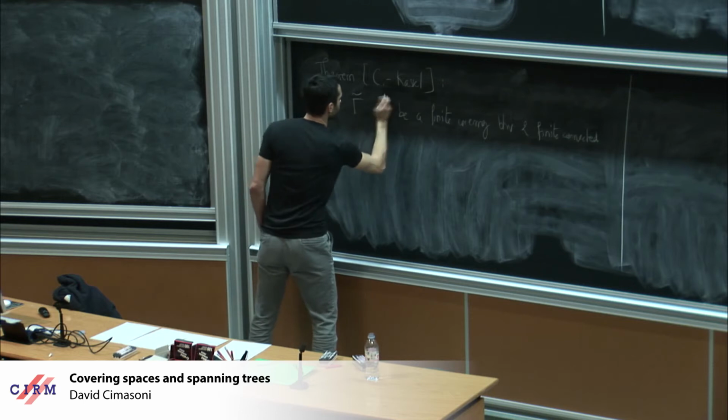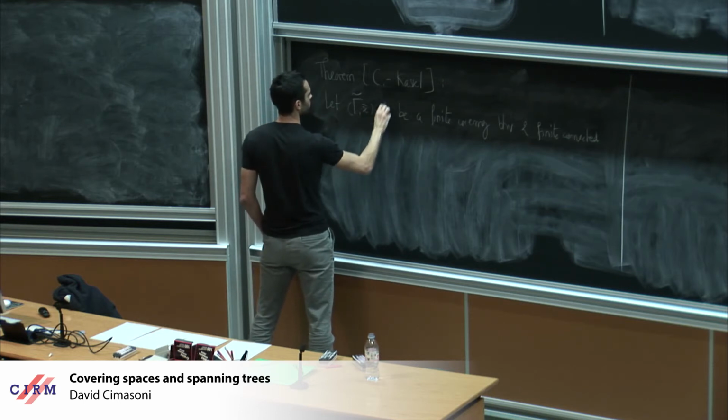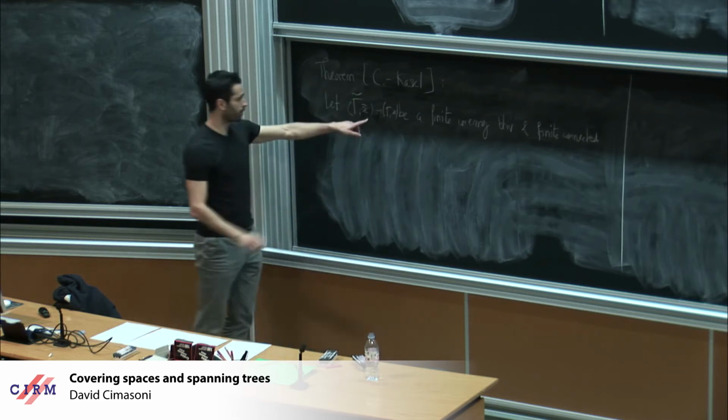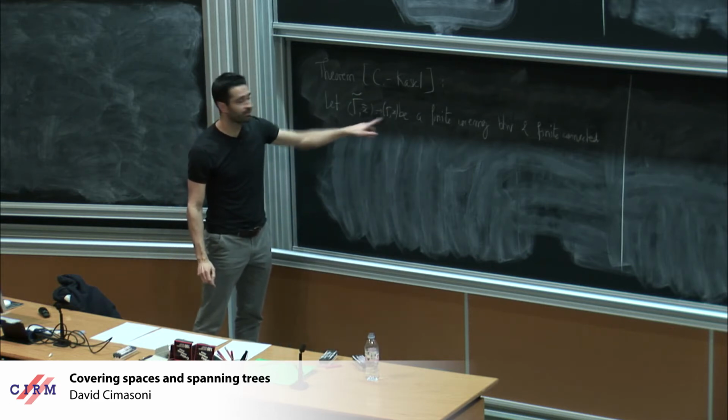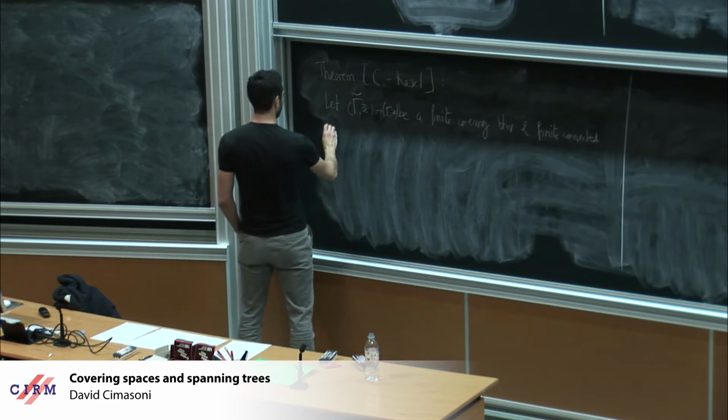So maybe let me just switch the notation. Let me do it like this. Sorry, I hope you understand. So it's a finite covering map, and then you lift the weights of the bottom one to the top. So two finite connected weighted graphs.